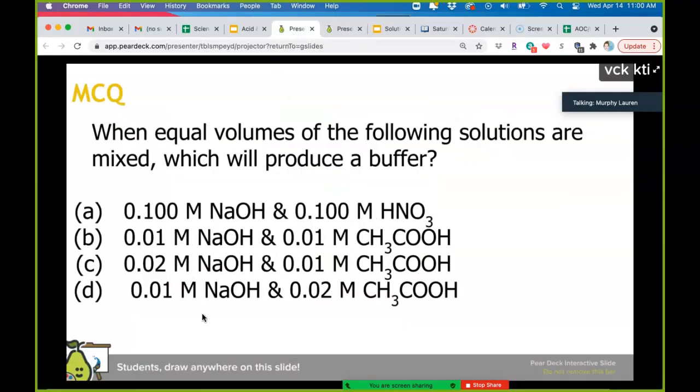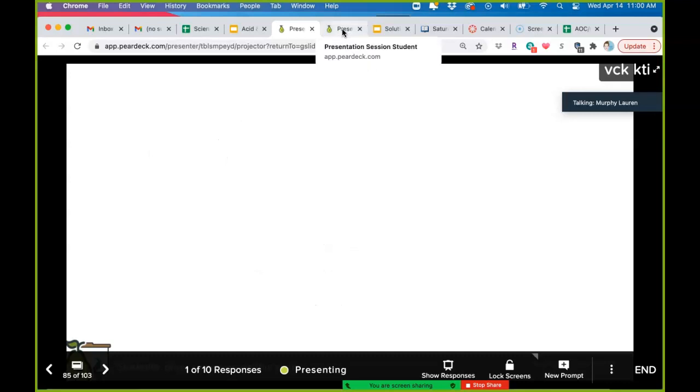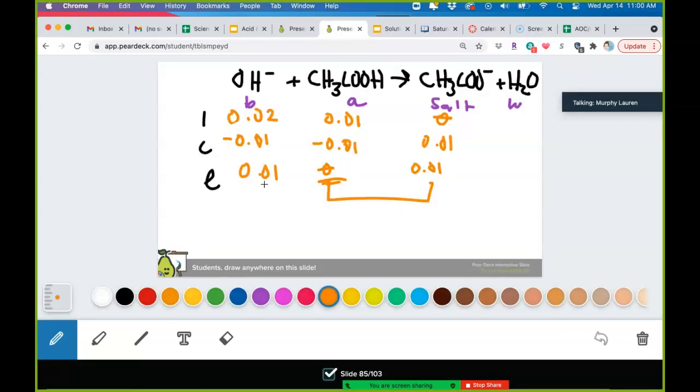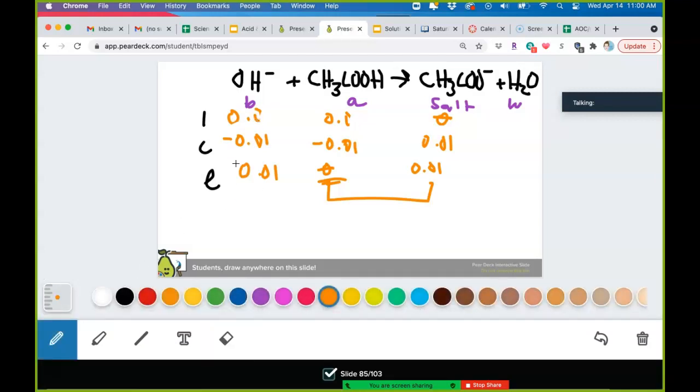All right, so the last one swaps the hydroxide and the acetic acid. The hydroxide is 0.01 now, and the acetic acid is 0.02. So let's go back to our ICE chart, and we'll swap their values. This is 0.01. This is 0.02.